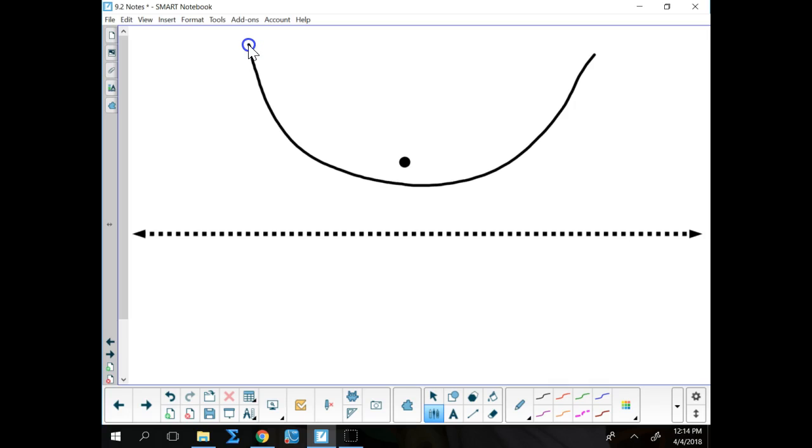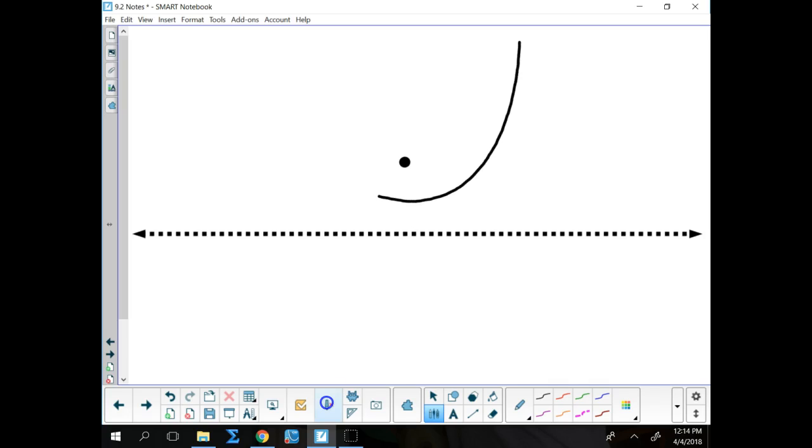What it's saying, and I didn't do a very good job of drawing it, is the distance here is the same as the distance there. I did a really bad job of drawing it, actually. Okay? So let's just start over on that one. We'll just go like that. So I need to come in about here. That looks a lot better.